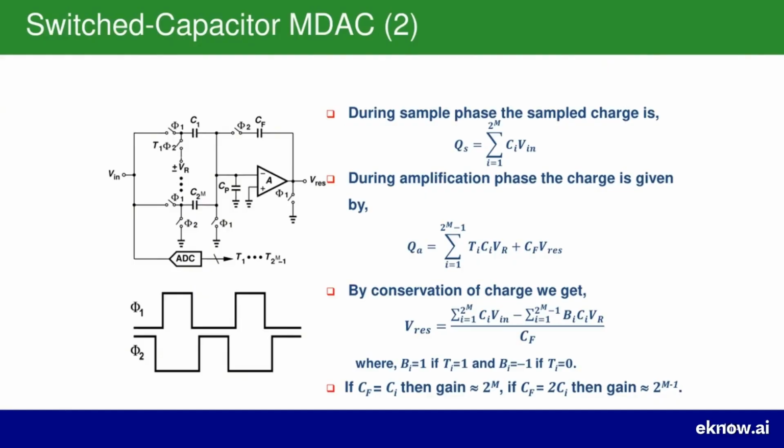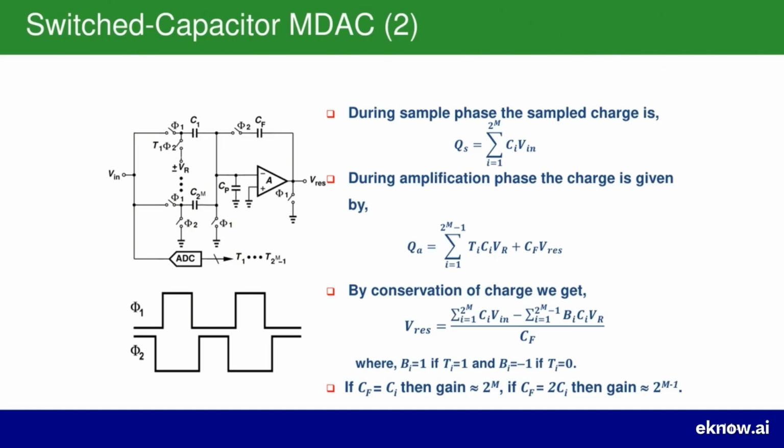As the first formula on the page shows, this is simply the sum of the charges on each individual capacitor. Since the charge on a capacitor is its capacitance times the voltage across it, Q equals CV. The total sampled charge QS is the sum of CI times VIN for all the input capacitors.